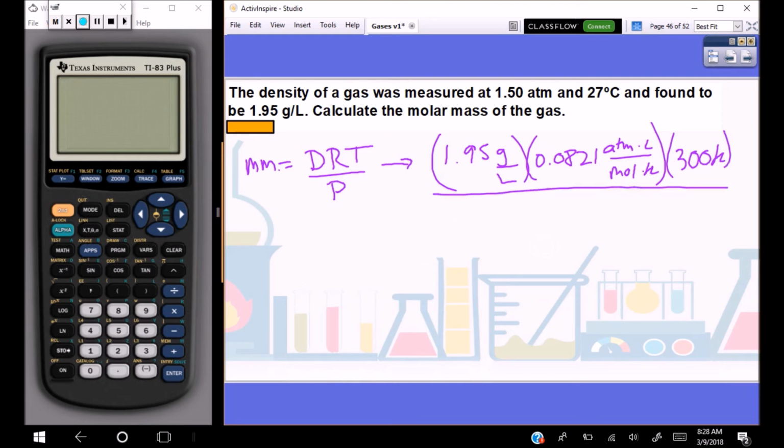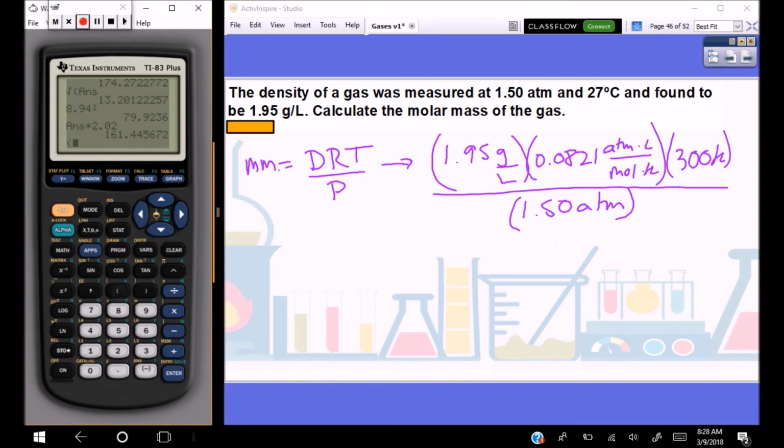And then we've got our pressure, 1.50 atmospheres. Okay. And we put it all together and we should be able to get our molar mass: 1.95 times 0.0821 times 300, and then we divide that by 1.5.